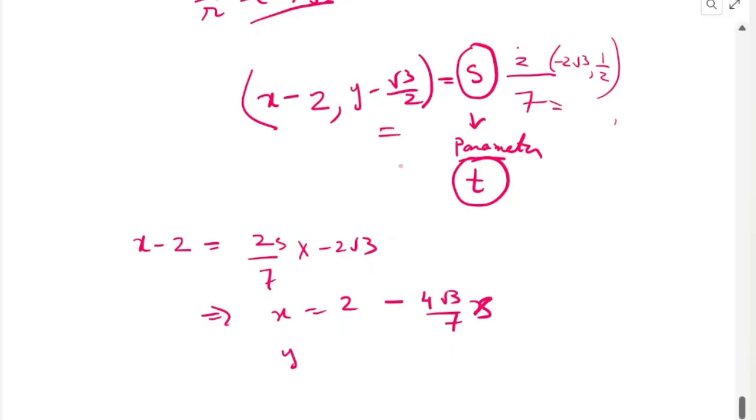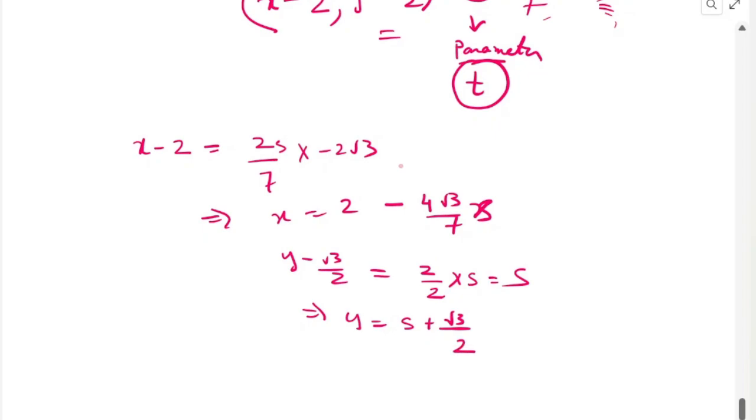So y minus root 3 by 2 equals 2 into half into s. So y equals s plus root 3 by 2. So this is your equation of the tangent line. The equation of the tangent line you are getting in this form.